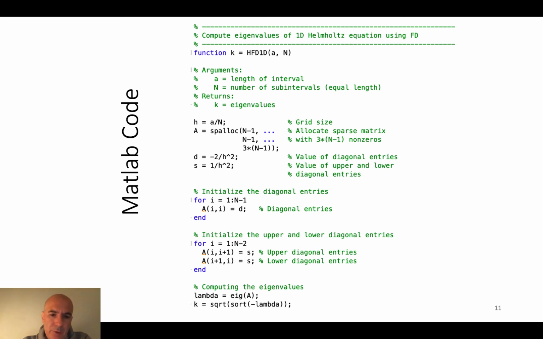Then we can calculate the eigenvalues, which we call lambda, by calling the function eig of A. And then our k will be the square root of minus lambda. Note here that we also want to sort the eigenvalues, so they are not unsorted, from smaller to larger, in increasing order.